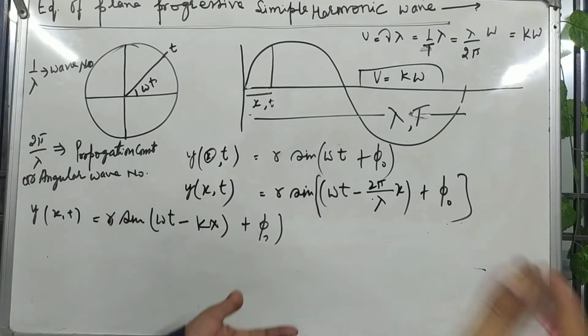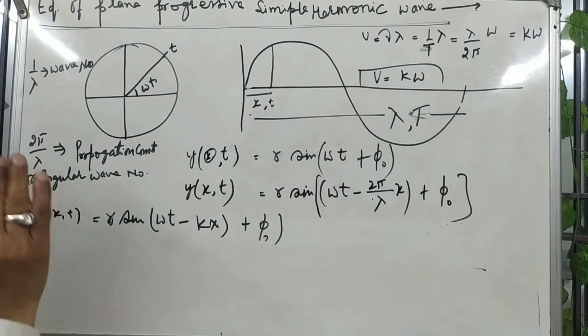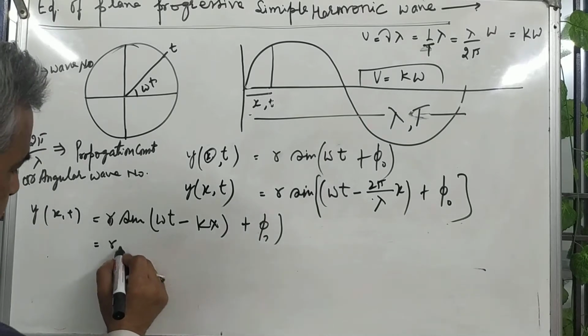You may transform this; this is the basic equation. Now you will transform only this: y equals r sine of omega t minus kx plus phi naught.